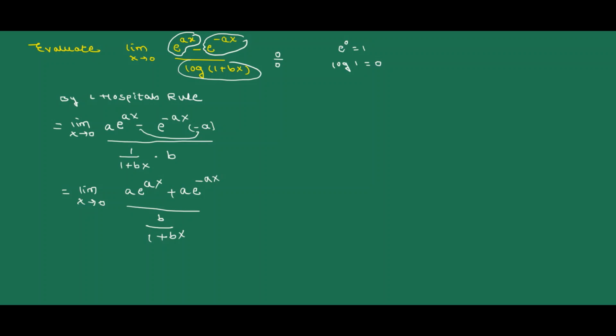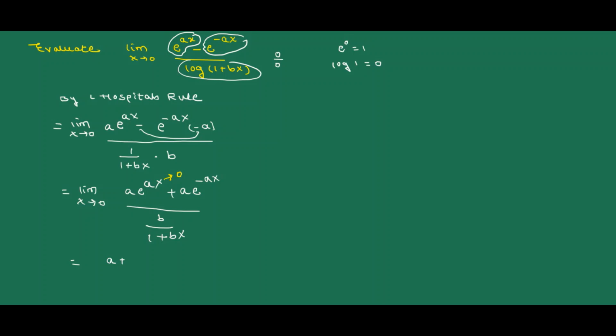Now put x is equal to 0. If you put x is equal to 0, you will get e raised to 0, and e raised to 0 value is 1. So 1 into a is a, you will get plus.